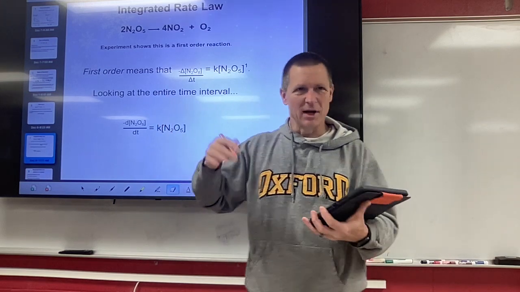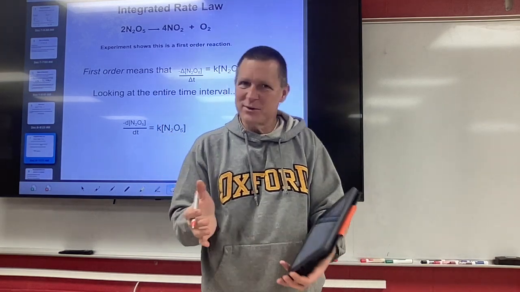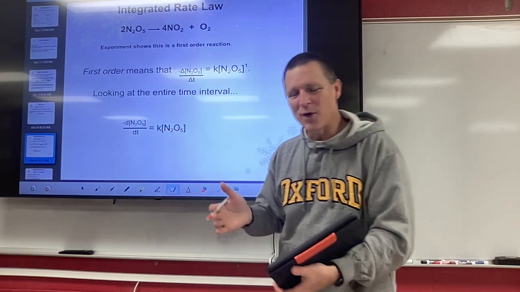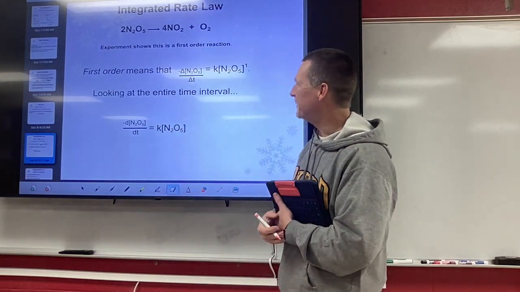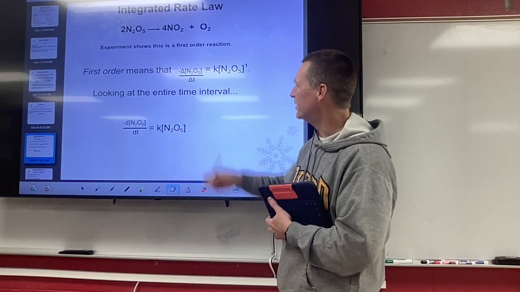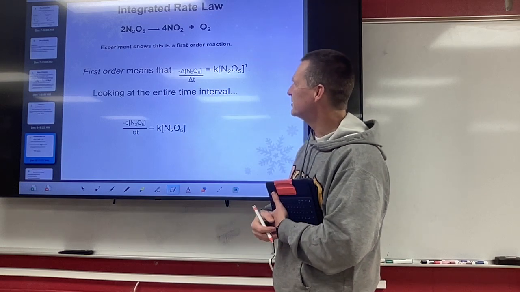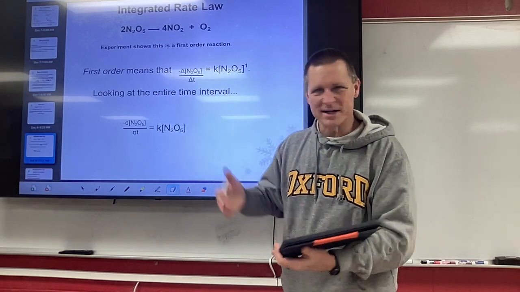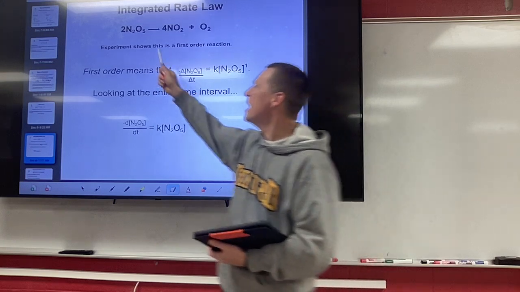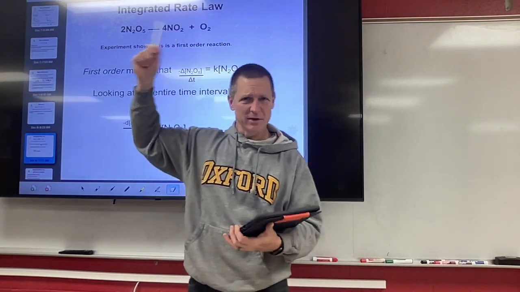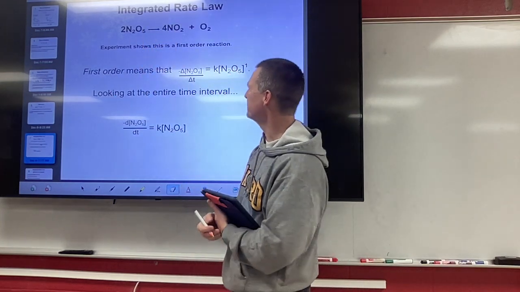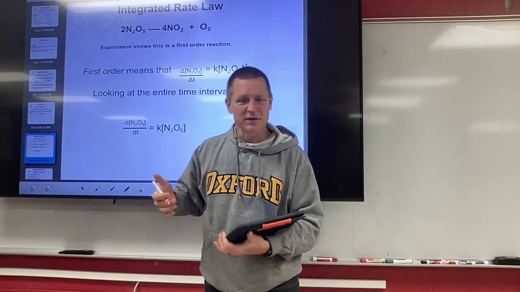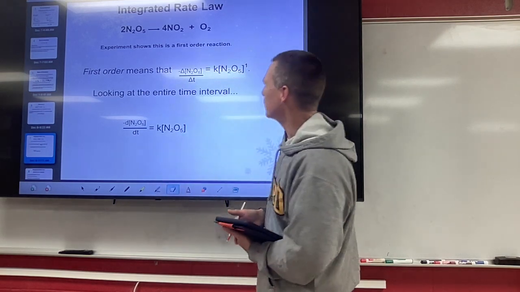This is like most derivations we do in here. You're not responsible for the derivation, but I do want you to see how it works and why it's called this. So, okay, we're working with the same chemical equation, N2O5 decomposition. We've run the experiment. We find that it's a first order reaction.